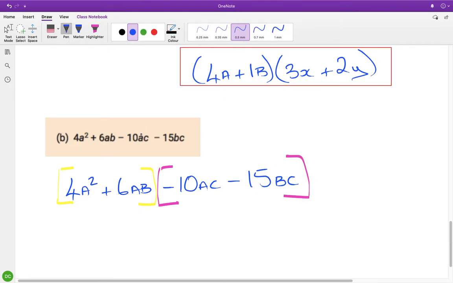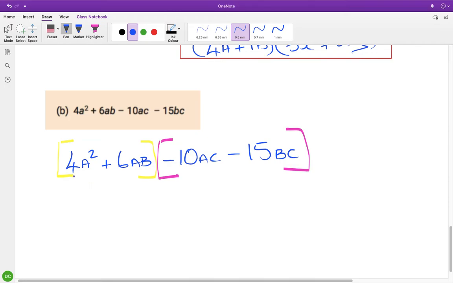Right. So 4 and 6, the highest common factor is 2. Here I have 2 a's, and here I have an ab, so I do have a common a. Open up my bracket and divide by the highest common factor.